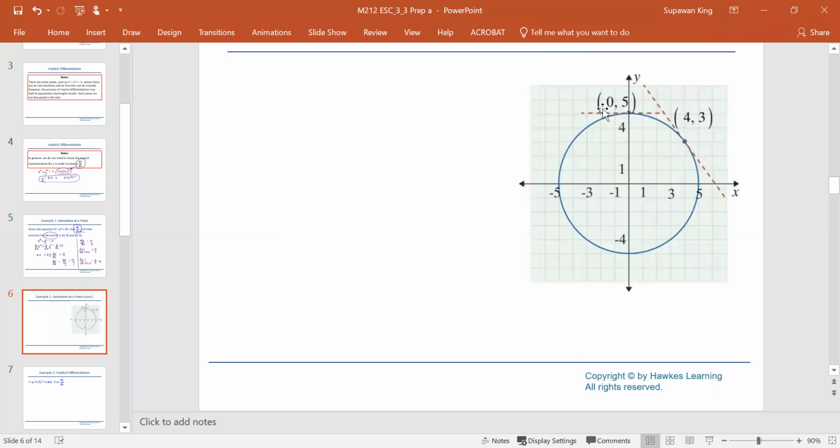Let's see the graph. The equation x squared plus y squared equals 25 is a circle with radius 5.